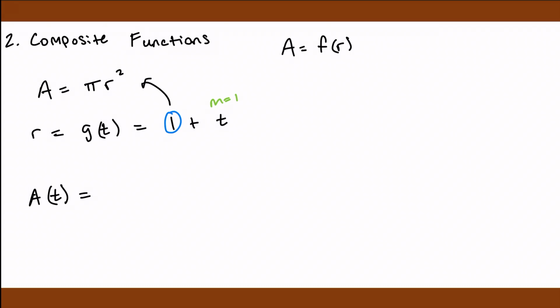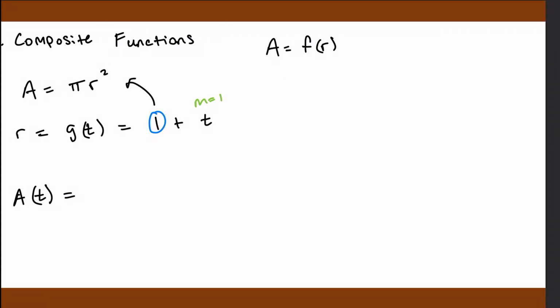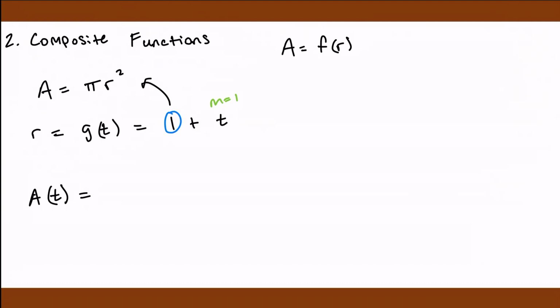Let's just plug it in wherever we see an r. And so what that means is, simple as that. That's what a composite function is. You essentially have two functions, but they are related. So now we could say A of t is a function of time, according to this here.